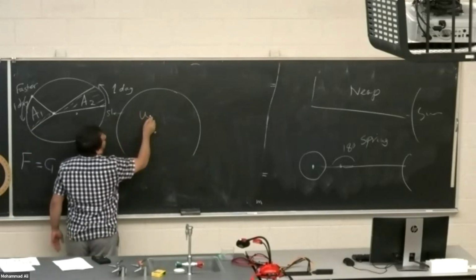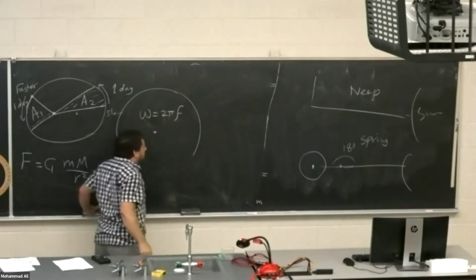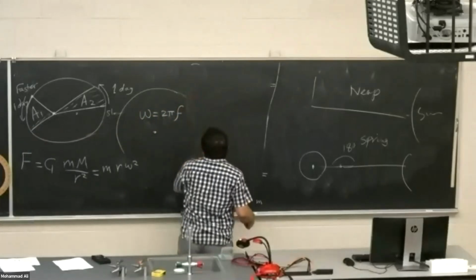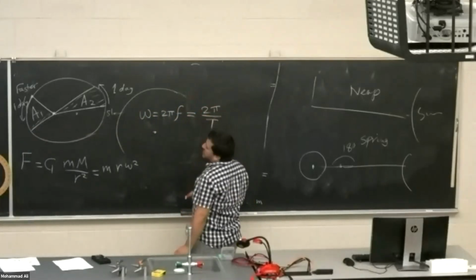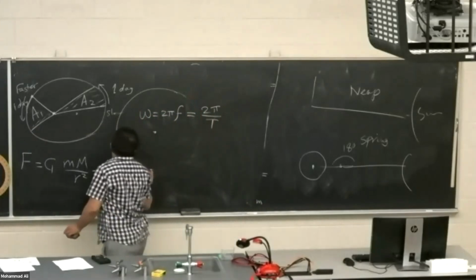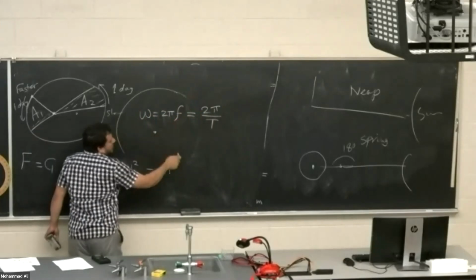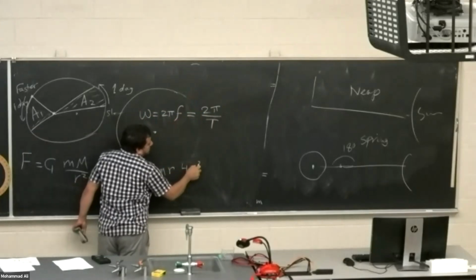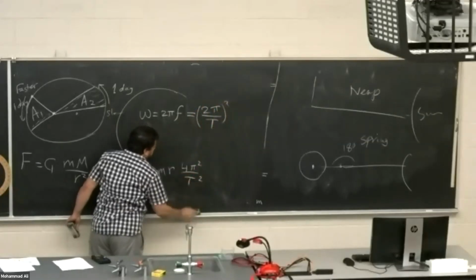But you know that omega is equal to 2 pi multiplied by the frequency, which is equal to 2 pi over T, the period. We have it squared, so this will be equal to m R 4 pi squared over T squared.